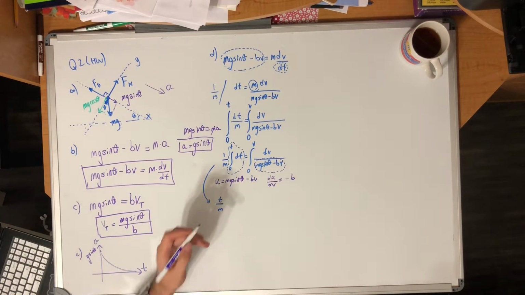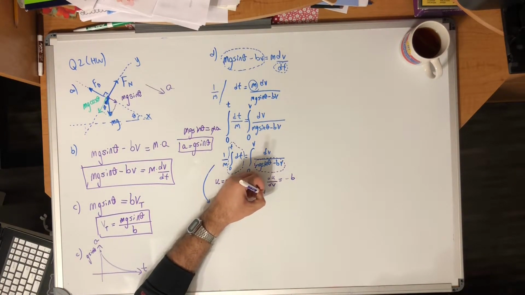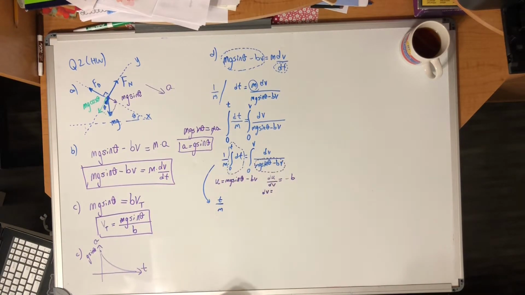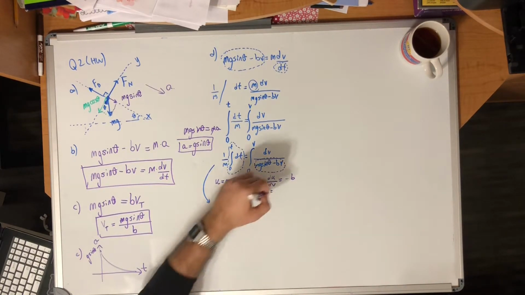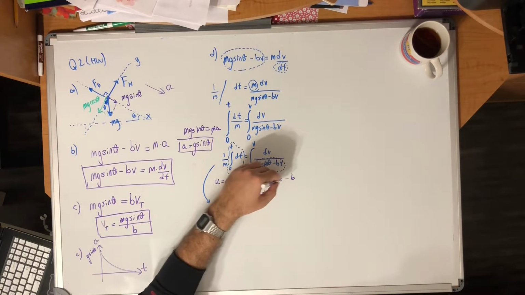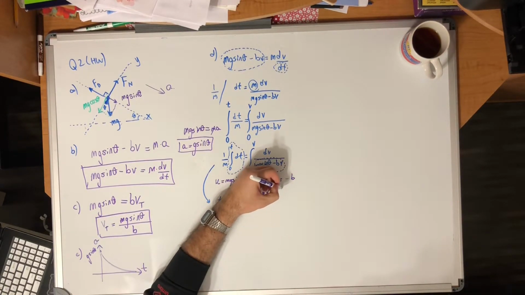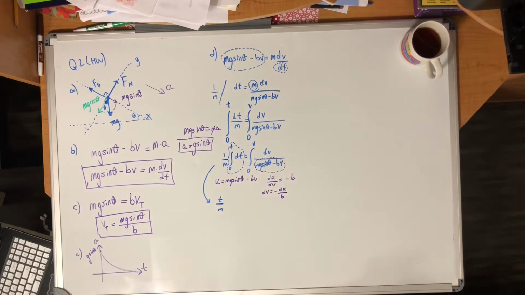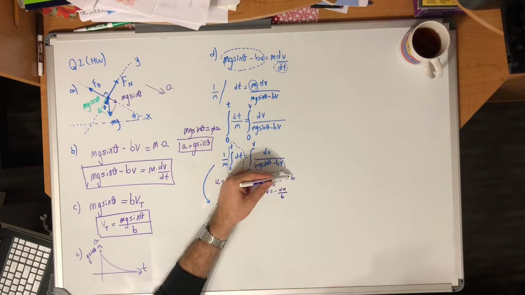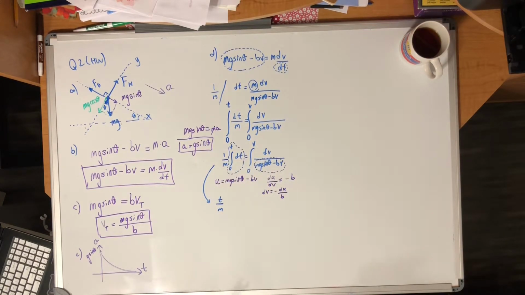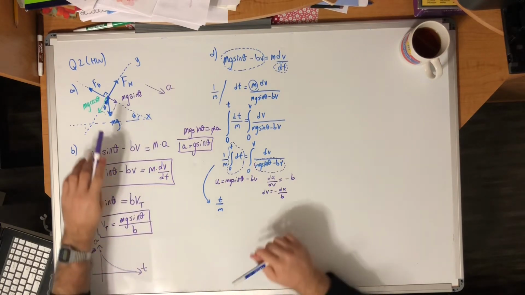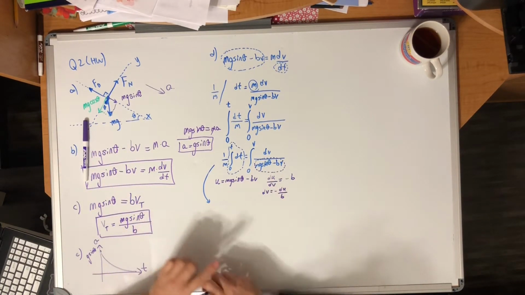Then what is my dv in terms of du? If you just switch dv and negative b, it becomes du divided by negative b equals dv. That is basically the substitution that we are going to make.